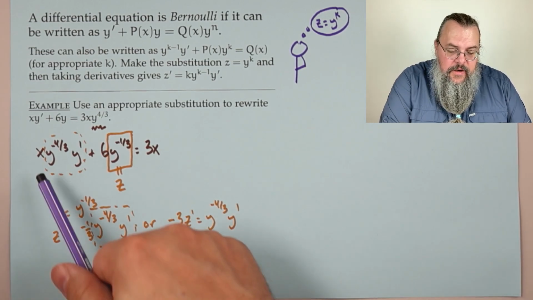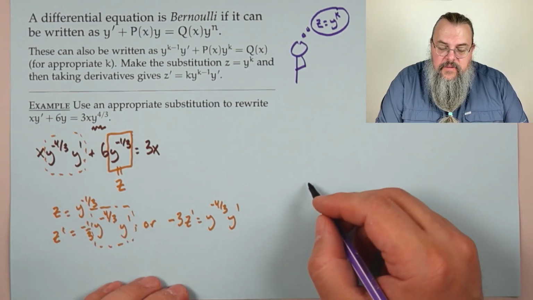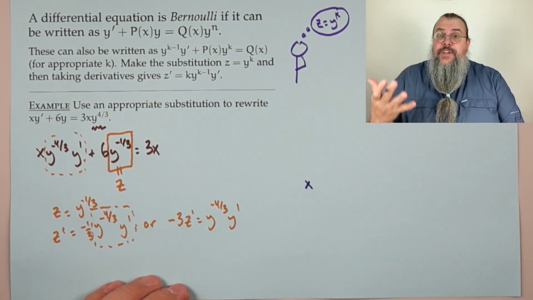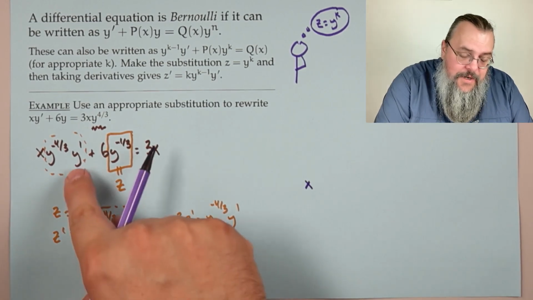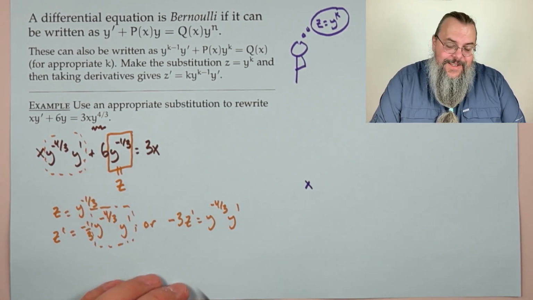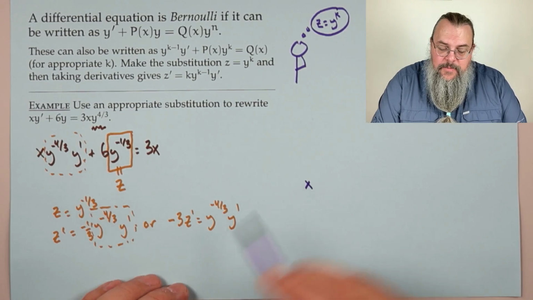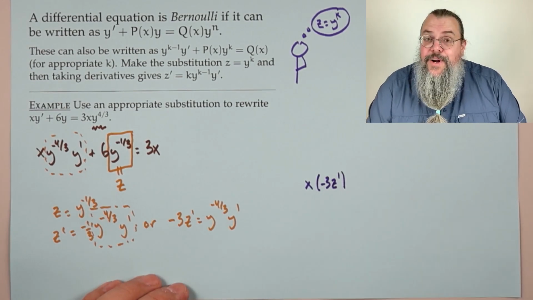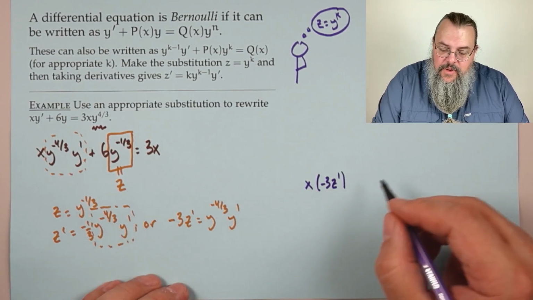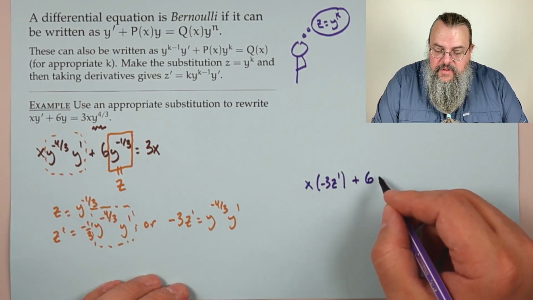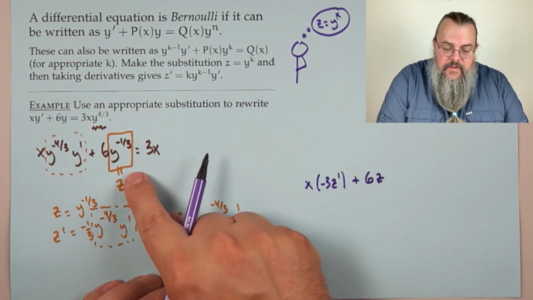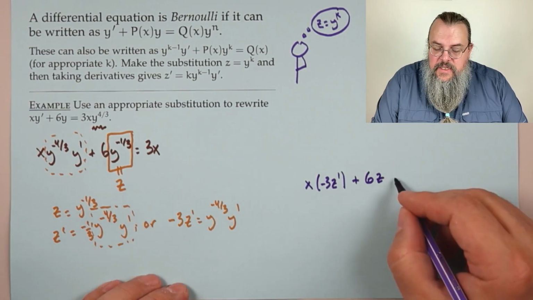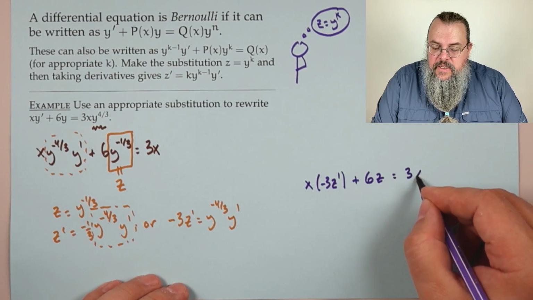We see that our x stays as x, because what we're changing is the y. We always change the part with the prime attached to it. The y^(-4/3) y' becomes -3z', and then we have plus 6z, because that's our z, equals 3x.